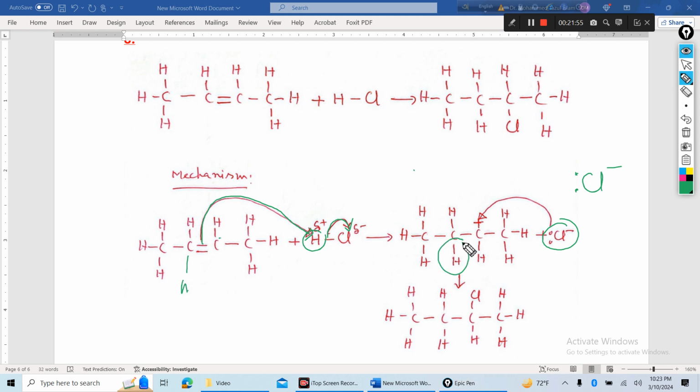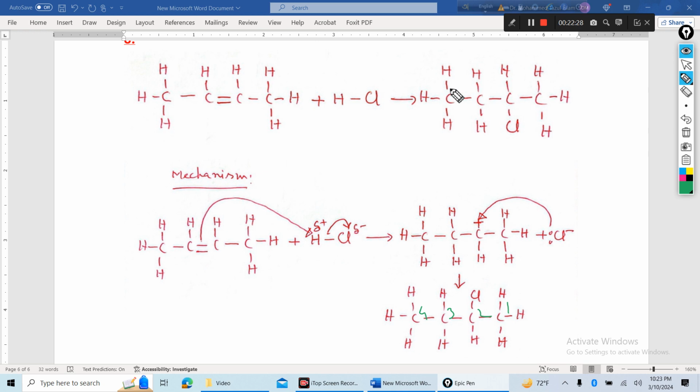So the right-hand carbon becomes a positive carbonium ion. After that, the chloride ion gives a lone pair of electrons to form this C-Cl bond, and after forming the C-Cl bond you will get your product, 1, 2, 3, 4, 2-chlorobutane.